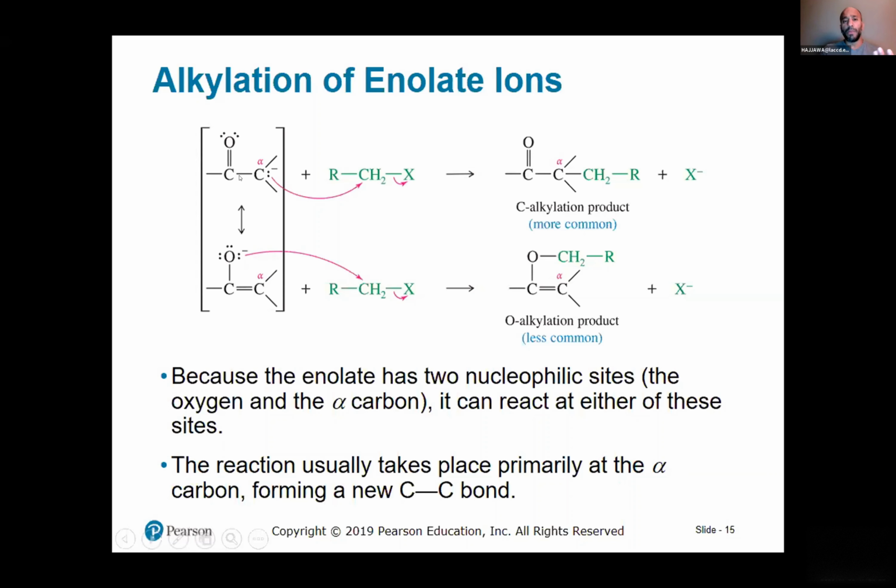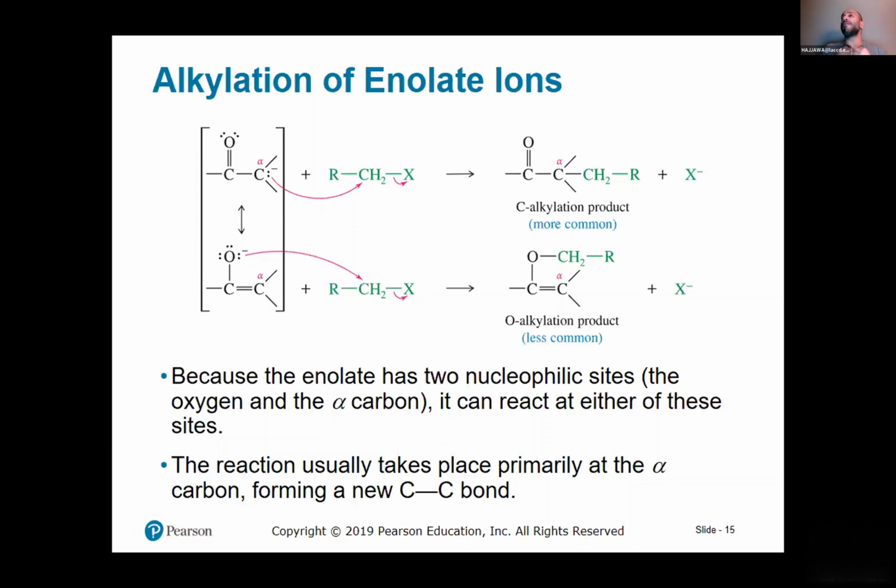How come, when an alkyl halide reacts with this enolate ion, the alpha carbon is the point of attack, either of the two? How come we don't have the O minus grabbing that alkyl group from the alkyl X? Meaning, how come we get C alkylation rather than O alkylation?